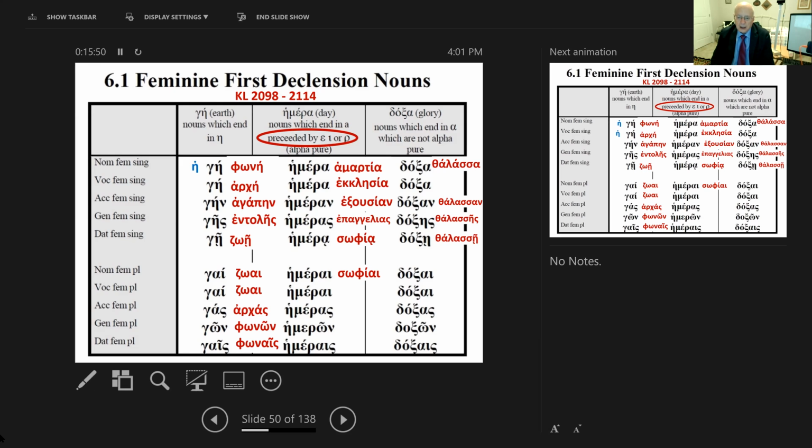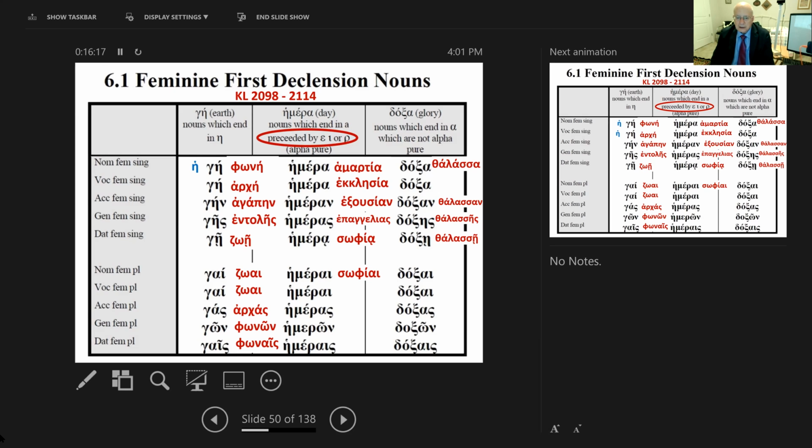Hē hēmera, the day. Not ho hēmera. Hē hēmera. Hē hamartia, the sin. Hē doxa, the glory. Hē thalassa, the lake or the sea.